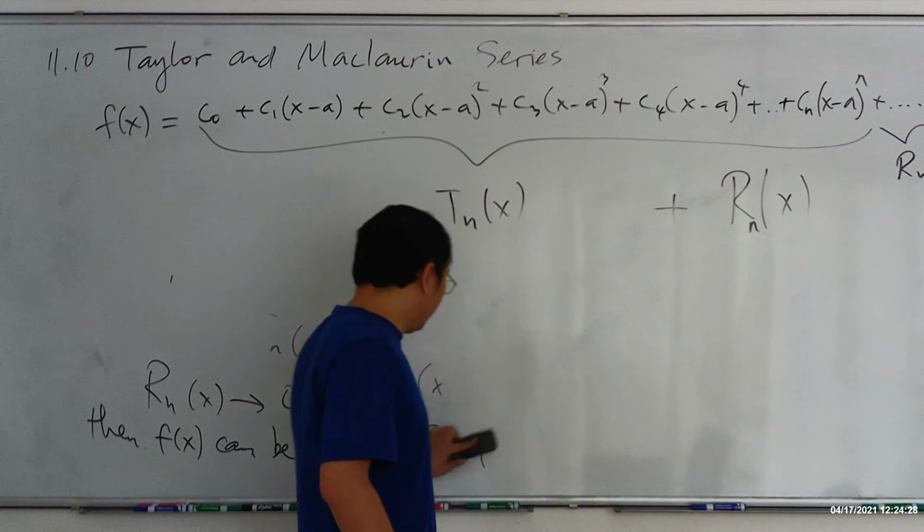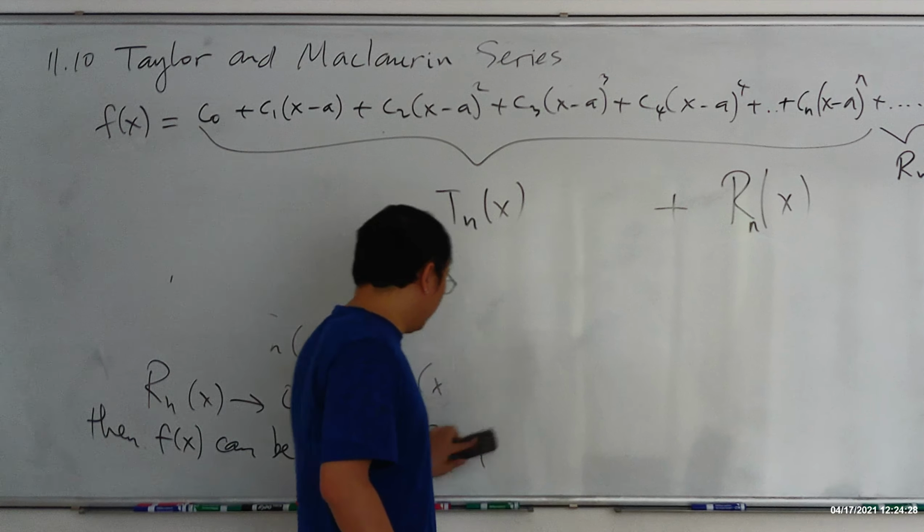then you can say that the remainder will be less than or equal to, let me see if they have equal. Yeah, M over n plus 1 factorial times absolute value of x minus a to the n plus 1. I think that was the absolute value. Let me double check. Yes, because everything is positive.